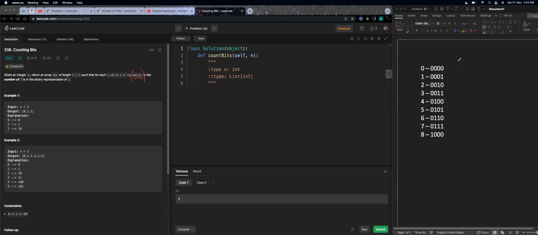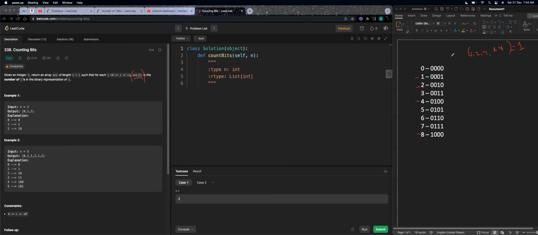The first thing that we notice over here is that the number of 1 bits at every integer that's a power of 2, like 1, 2, 4, 8, 16, is always going to be 1. You could easily find this here: 1, 2, 4, and 8.